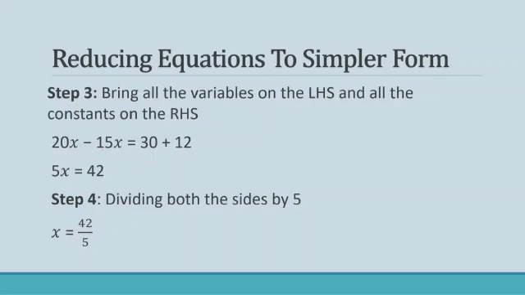Now 20 minus 15 is 5x and 30 plus 12 is 42. And now last step, step 4, dividing both the sides by 5. So when we will divide this left side by 5, this 5 will get cancelled with the denominator, and on the right hand side we'll have 42 upon 5. So this is the solution for the given equation.